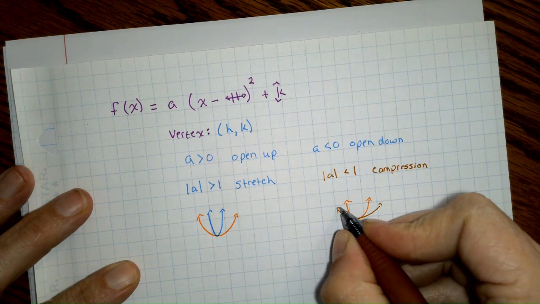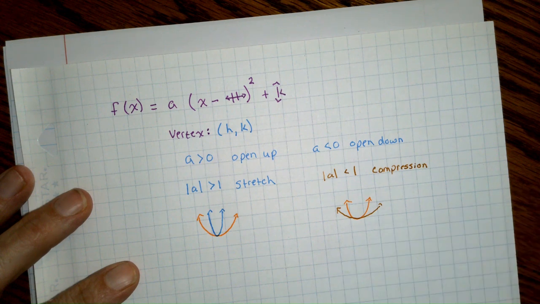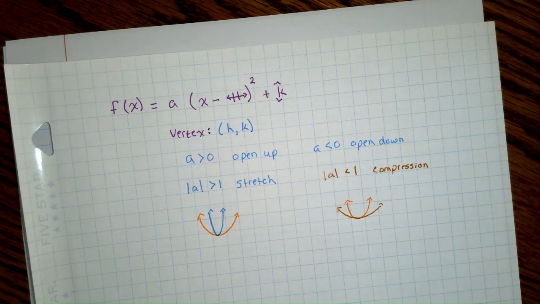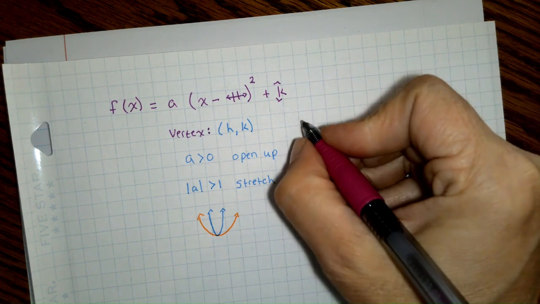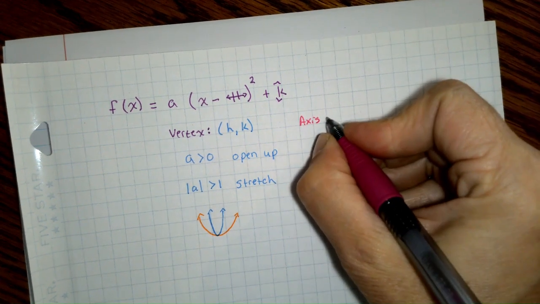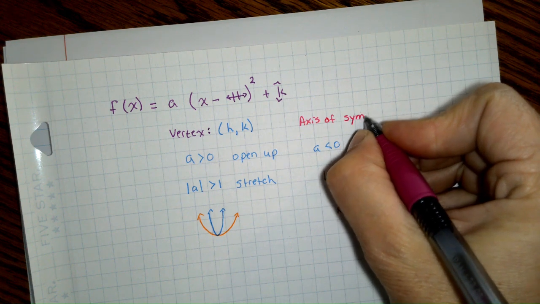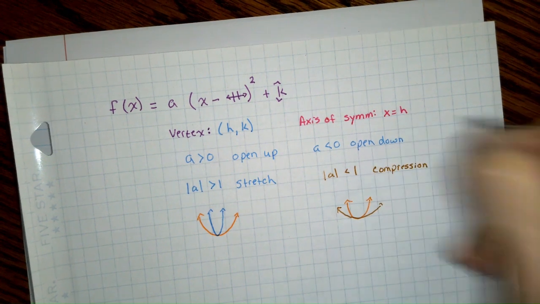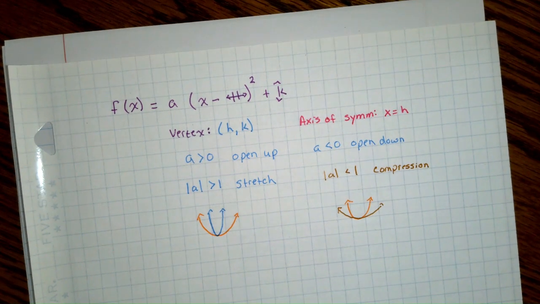And so it looks wider because the slope is less. So again, keep that in mind. Also, a key point right now is that our axis of symmetry is at x equals h. So, very key point to remember there.